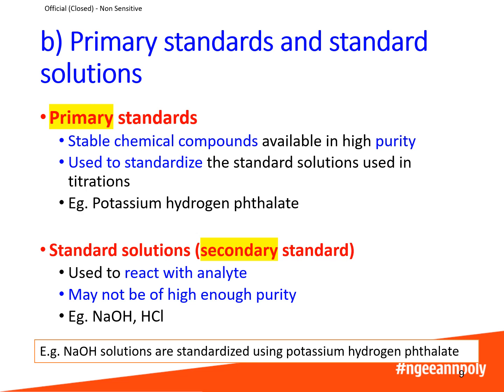Since NaOH solutions may not be very pure, the concentration of NaOH solution is determined by titrating it with potassium hydrogen phthalate, which is a primary standard. From there, the accurate concentration of NaOH can be determined. This is called standardization. The standardized NaOH solution, which is known as a standard solution or secondary standard, can then be used in titration with an analyte.